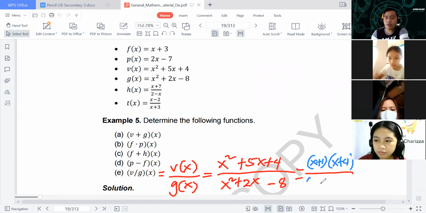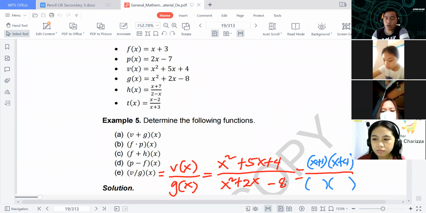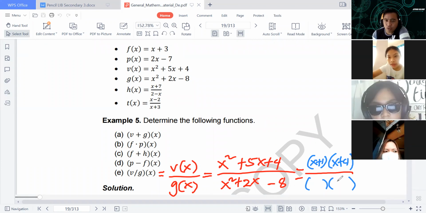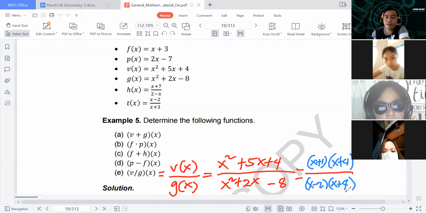While in the denominator, can we find factors of negative 8 that if you add, it will be positive 2? Positive 4 and negative 2, sir. Very good. It will be positive 4 and negative 2, right? Because positive 4 times negative 2 is negative 8.